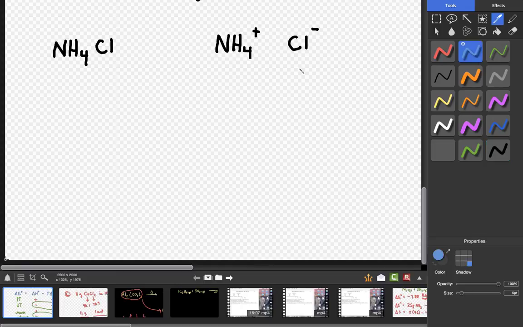But water will also ionize in solution. Not to a great extent, but it will, to make H plus and OH minus. I'm essentially going to have a double displacement reaction. So one of my products is NH4OH.